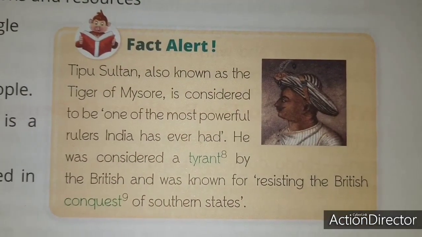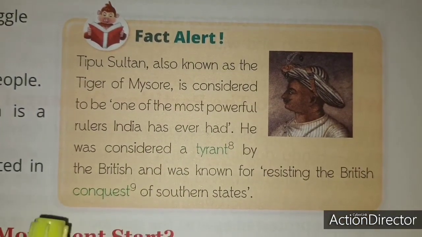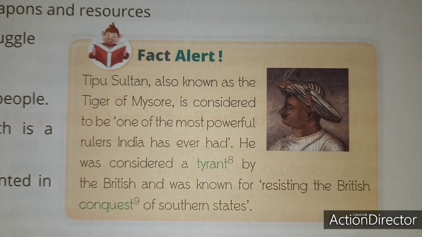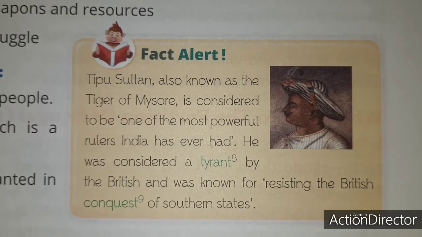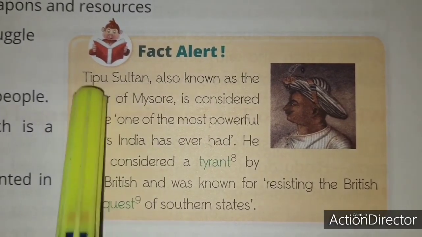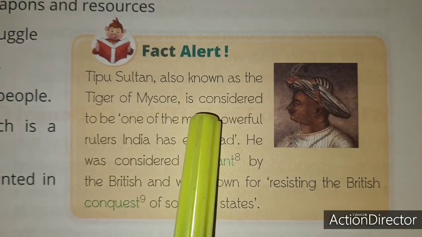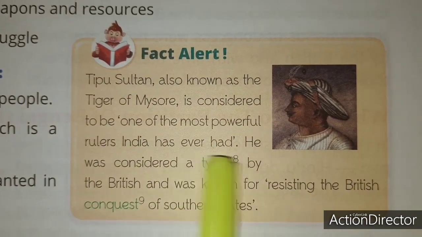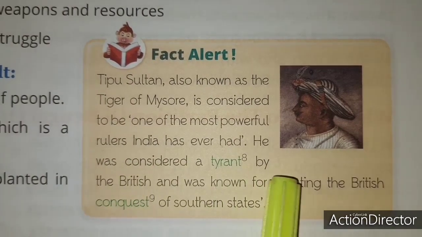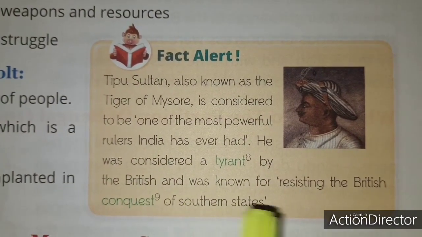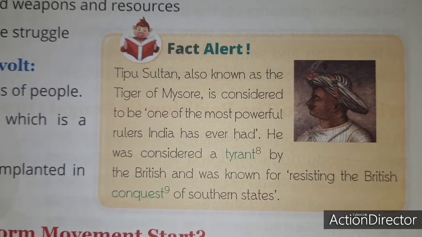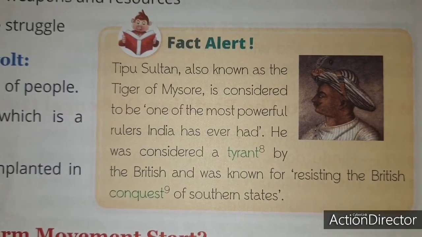So children, there is a small snippet here. I just forgot to mention that in 1857, when all were struggling against the British, Tipu Sultan, also known as the Tiger of Mysore, was considered the most powerful ruler in South India. He was considered a tyrant by the British because he was a true Indian patriot, and he was so furious against the British.